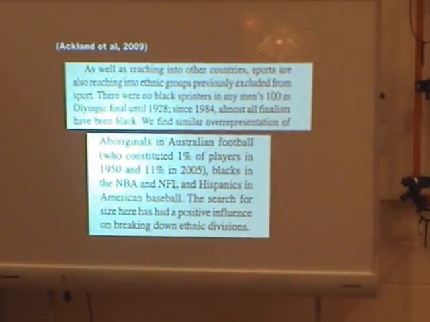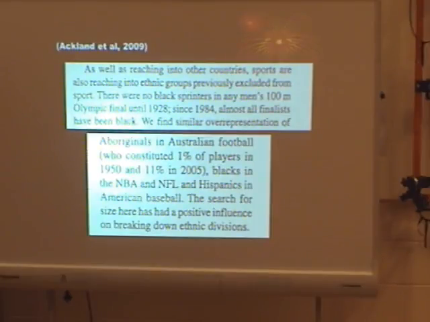So as well as reaching into other countries, sports are also going to different ethnic groups. And so they're now seeing more and more black sprinters and Aboriginals in Aussie football. One of the interesting and probably positive aspects here is that being good at sport has often been good at breaking down ethnic divisions.